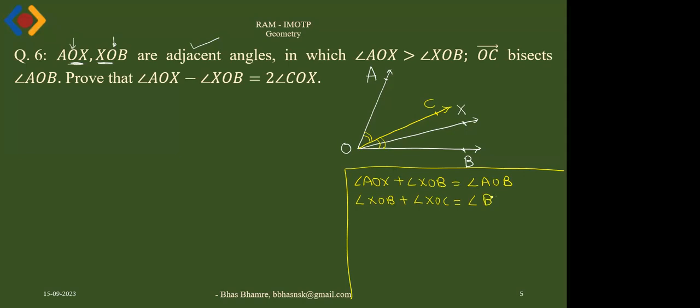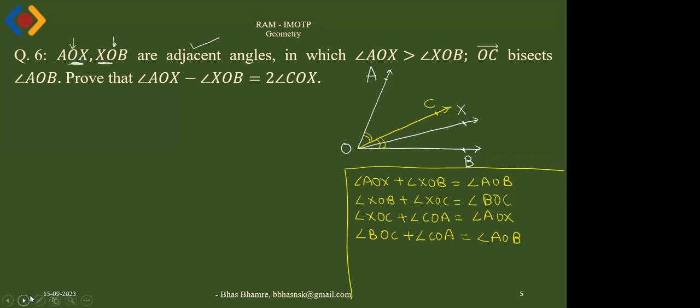They form adjacent angles, so their summation is angle BOC. Moreover, angle XOC plus angle COA form a pair of adjacent angles, so their summation is angle AOX. Moreover, angle BOC plus angle COA, or AOC, form angle AOB. I think that is all. So these are our adjacent angles.